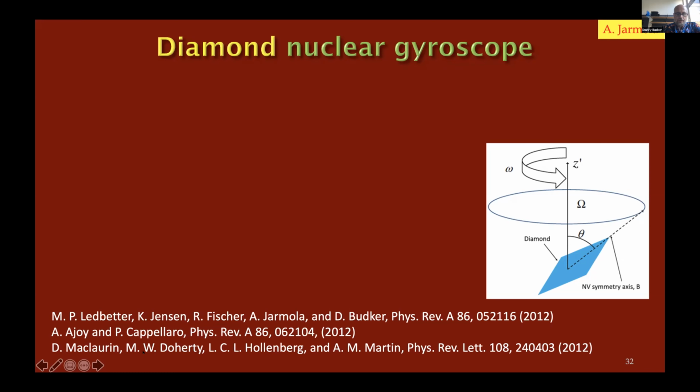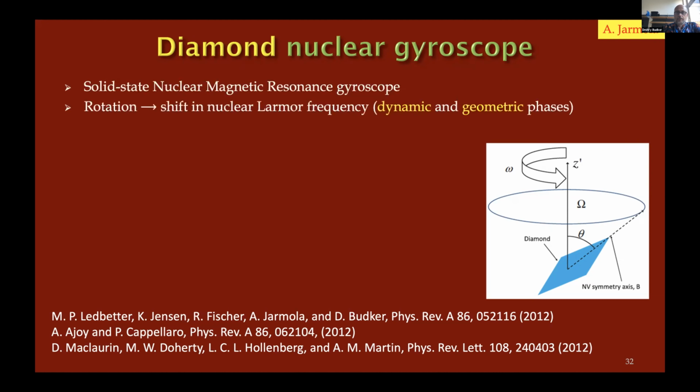There was closely related work done also by colleagues in Australia. So there were 3 papers about diamond and rotations, and 2 papers explicitly proposed rotation sensing based on diamond. But I must say that the first actual realizations of a rotation sensor had to wait until this year. But now it's realized.